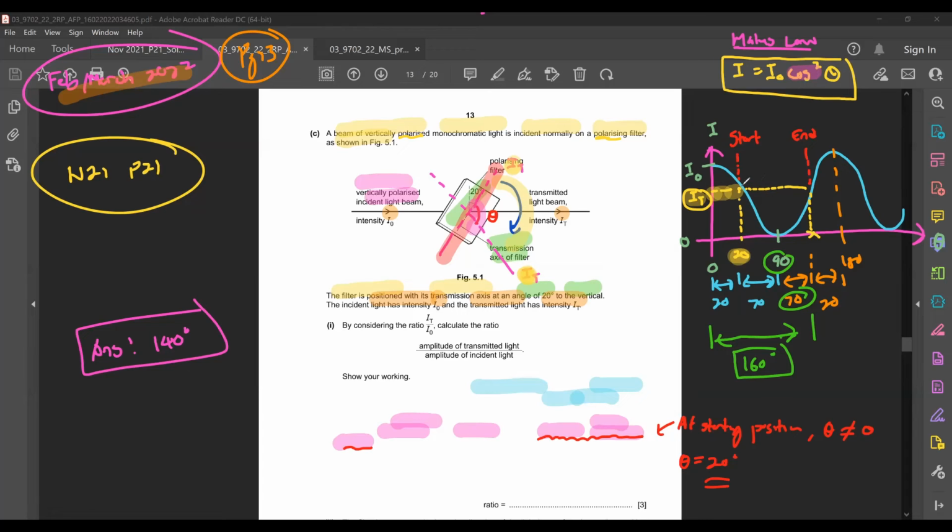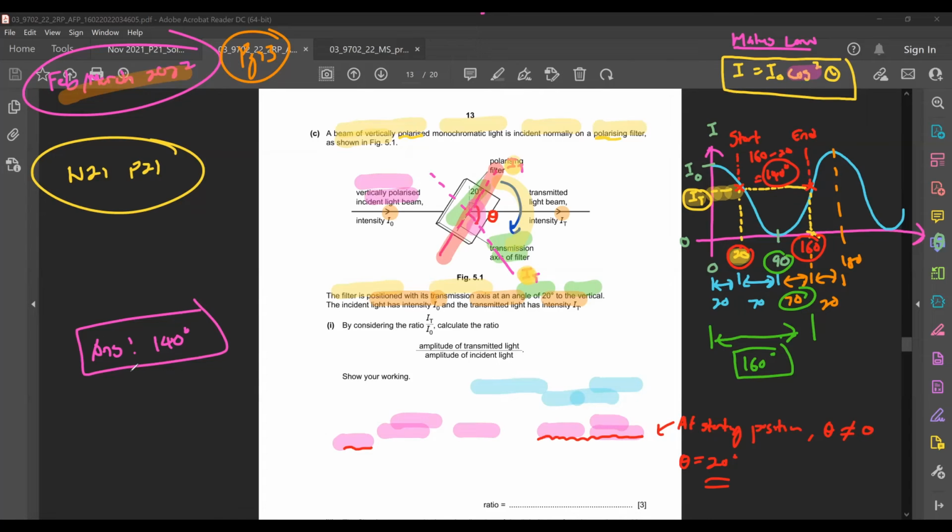Okay, so from here to here, it would actually be 140. Because you see from here, this is 20. This one here, I mentioned to you is 160. So from 20 to 160 is just 160 minus 20, giving you 140 degrees.